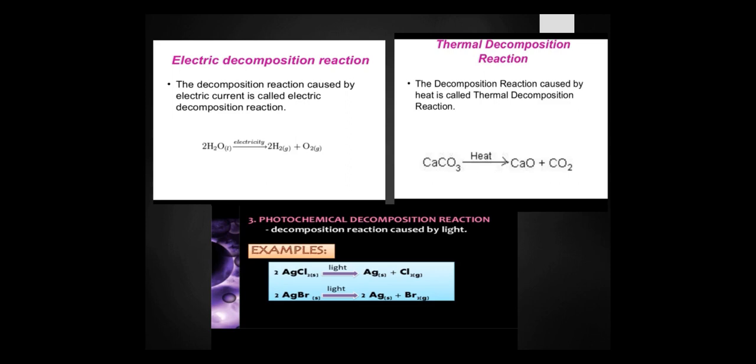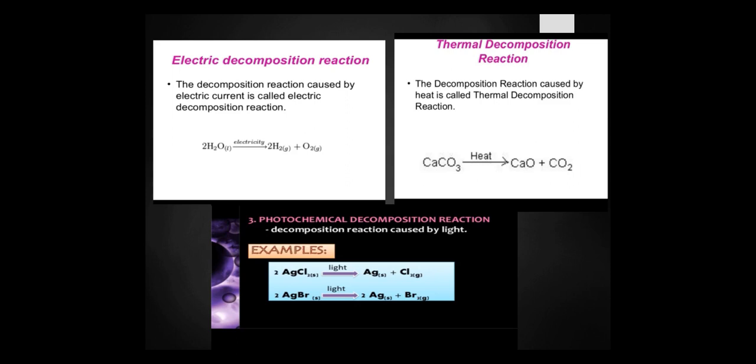It is the process of decomposing water into its constituent elements, hydrogen and oxygen, in which electrodes are used and electric current is passed through the water. It is called electrolysis of water, and in that process the water is decomposed into hydrogen and oxygen. So here the reaction takes place by passing electricity through it. So this kind of reaction is called electric decomposition reaction.